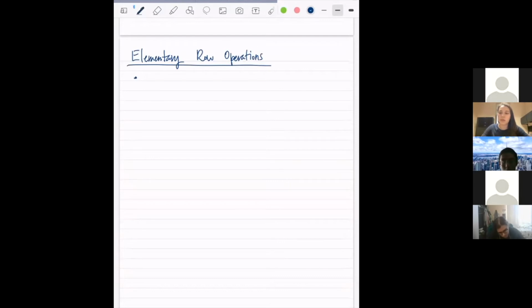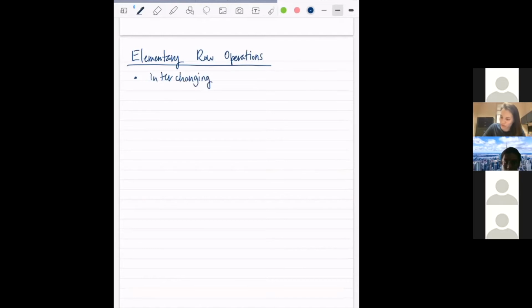So does anybody remember just one of those? Replacement, interchange, and scaling. Yeah, exactly. So I'm starting with interchanging. That one's kind of self-explanatory. Also scaling, pretty self-explanatory. You just multiply a row by a non-zero constant.